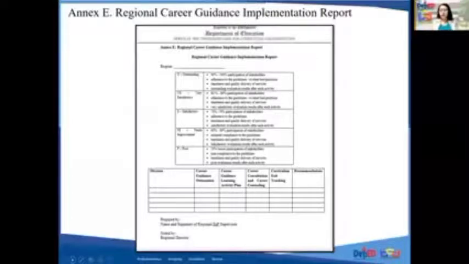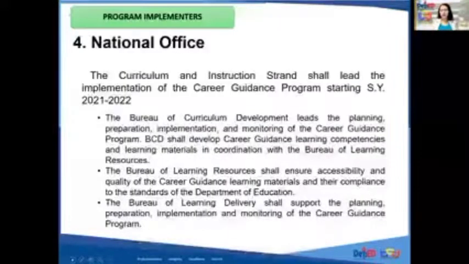So that's it. That's Annex E or the Regional Career Guidance Implementation Report. Now, in the National Office, the Curriculum and Instruction Strand shall lead the implementation of the Career Guidance Program starting school year 2021-2022. Actually, we started in 2020-2021, no? So the Bureau of Curriculum Development leads the planning, preparation, implementation, and monitoring of the Career Guidance Program.